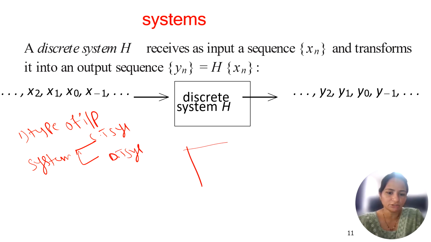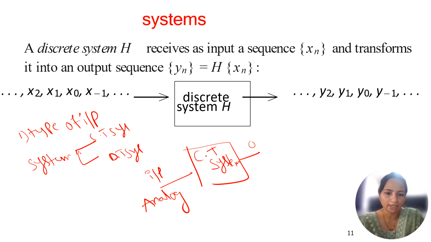If you give a continuous time signal, that is, an input signal as an analog signal, to the system, then we call it a continuous time system, and the output again is an analog output.